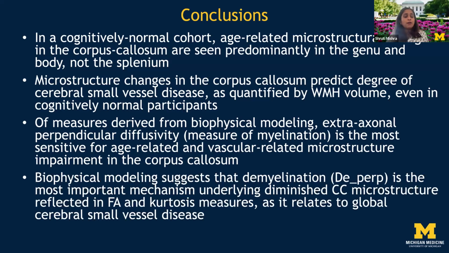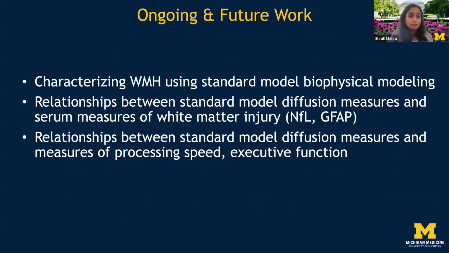And biophysical modeling and our mediation analyses suggest that demyelination, the signal reflected in this extraaxonal perpendicular diffusivity, may be the most important mechanism underlying diminished corpus callosum microstructure reflected in FA and in kurtosis measures as it relates to global cerebral small vessel disease, for which we used white matter hyperintensity volume as a surrogate.